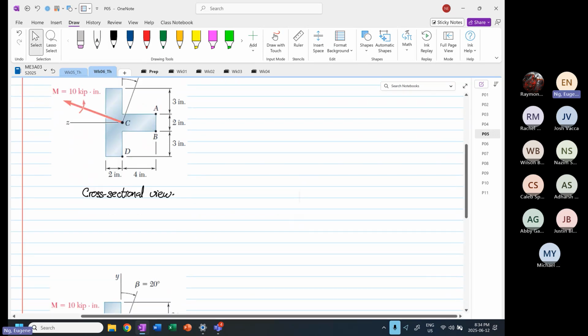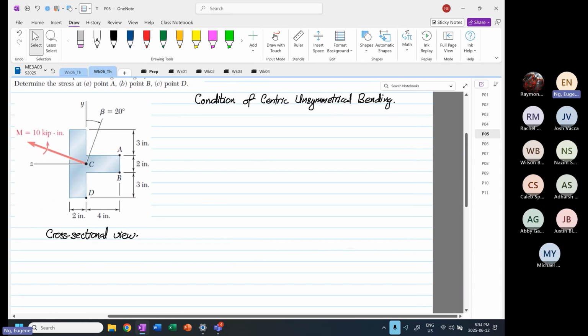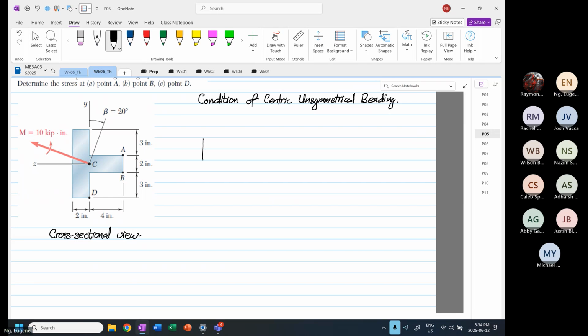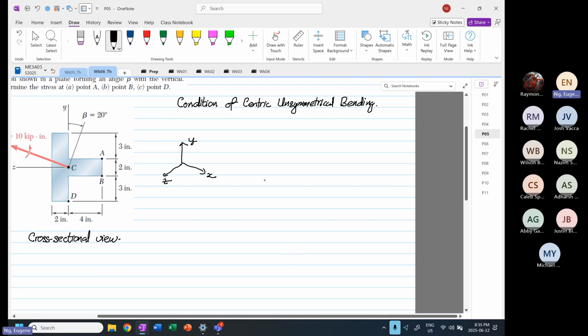I'll sketch for you in 3D how this looks like. So this is my X, this is our Y, and this is our Z. I'll sketch this out so it looks like this.